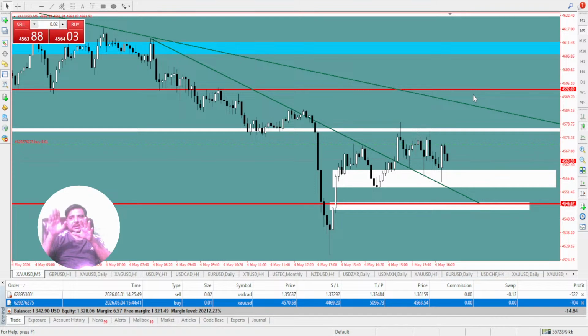I reduced my lot from 0.02 to 0.01 first thing. And the second one is the level is for a buy. There is no emotion, nothing. This is a valid positional buy entry. It can be converted to a swing, which is obviously a swing.